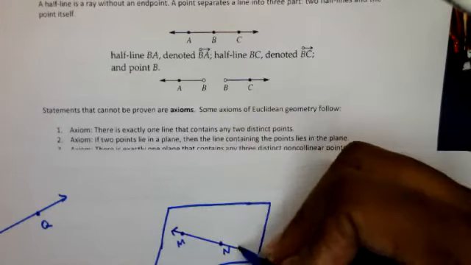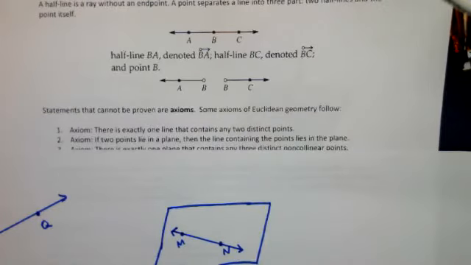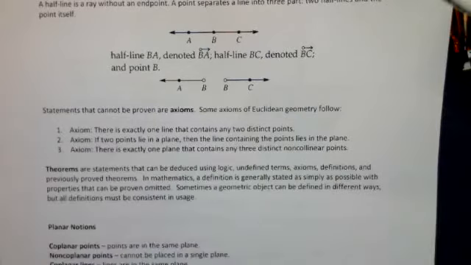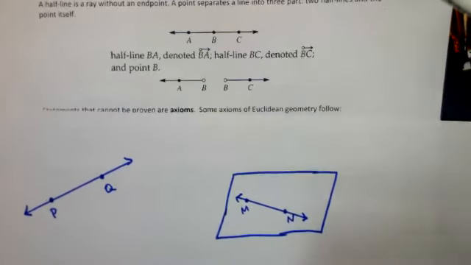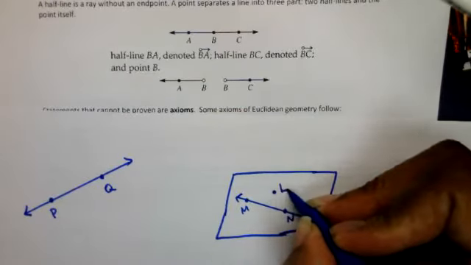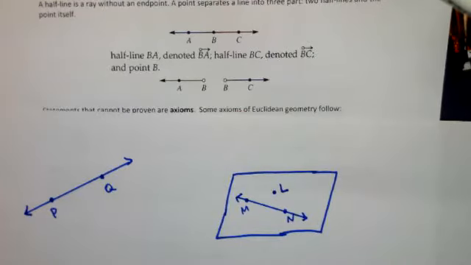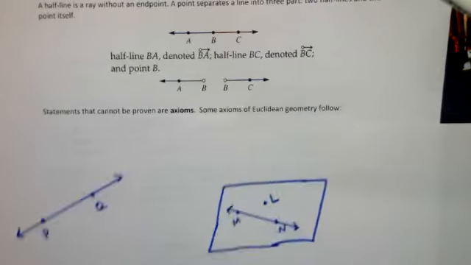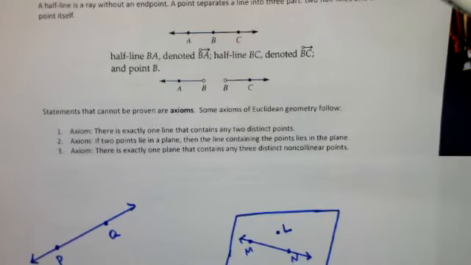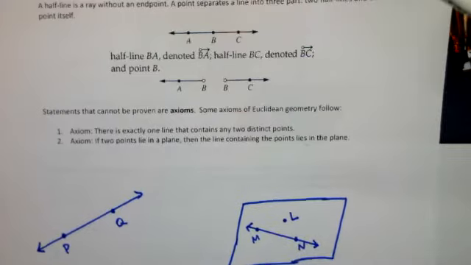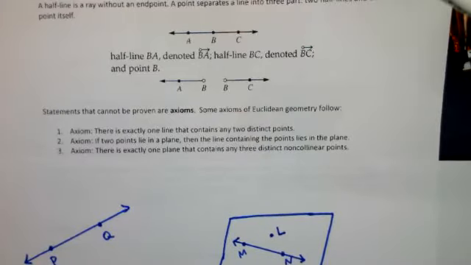Okay, so that means that line MN will lie in that plane. And in number 3, there is exactly one plane that contains any 3 distinct non-collinear points. Okay, so going back to this, if I took that plane and I have point L in that plane, that means 3 distinct points lie in that plane. And I can come up with one plane that has those 3 distinct non-collinear points.